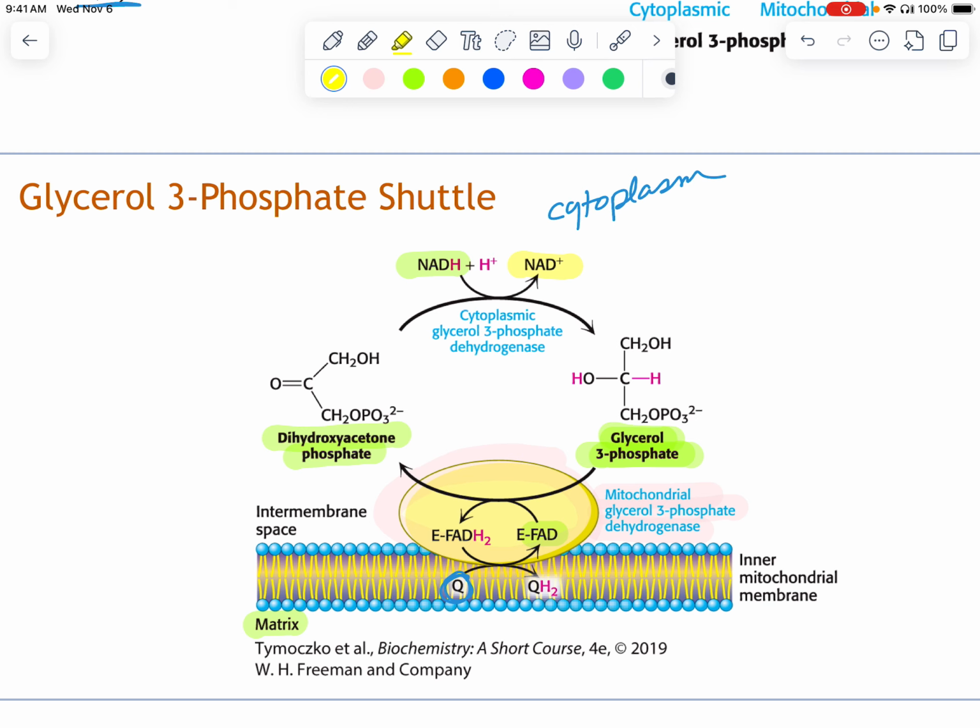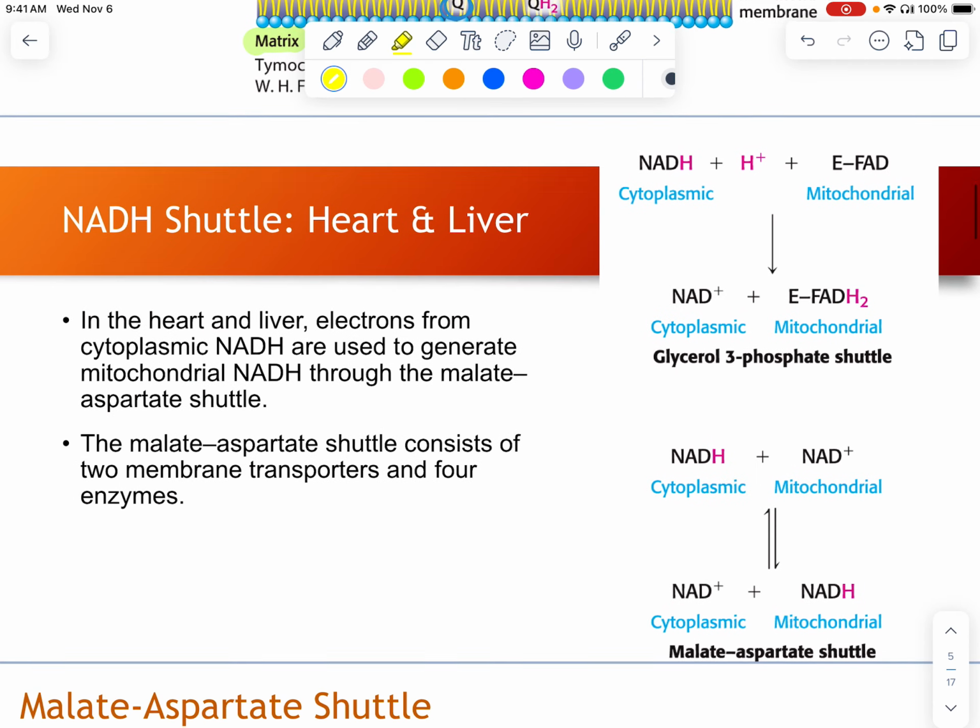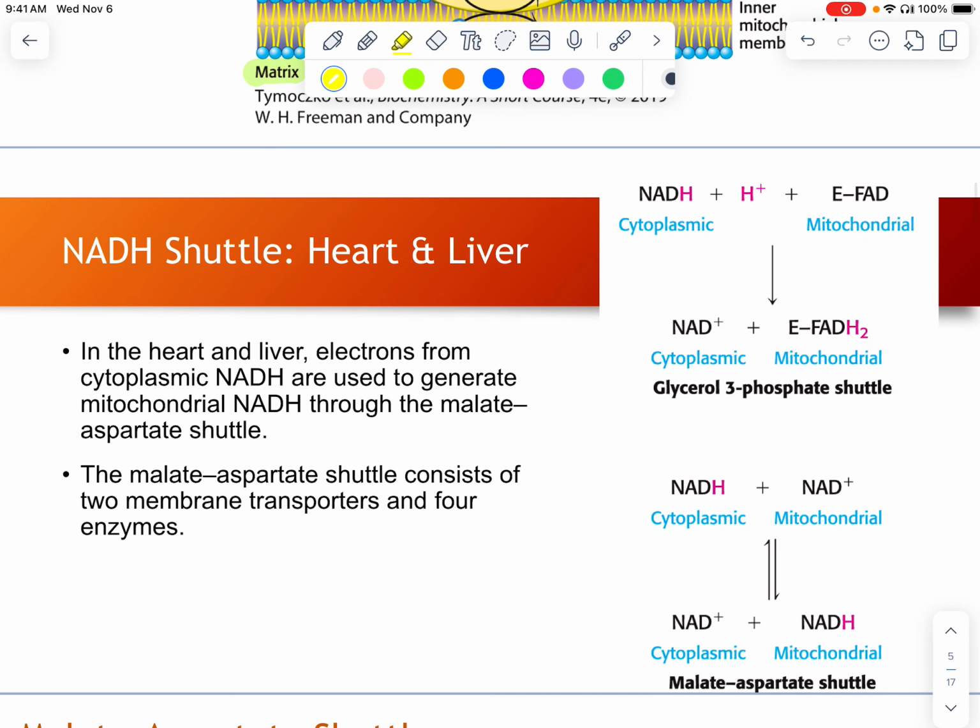Now in the heart and liver cells, this is a more complicated process. In the heart and liver, electrons from cytoplasmic NADH are used to generate mitochondrial NADH, through what we call the malate aspartate shuttle.